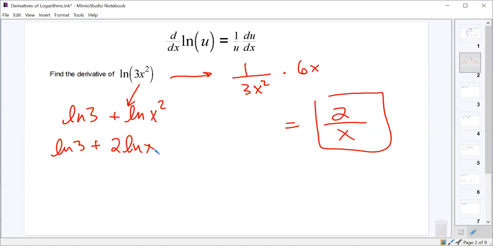Perfect. And then we take the derivative of each of those things, which should be natural log of 3's derivative should be, what's the derivative of natural log of 3? 1/3?